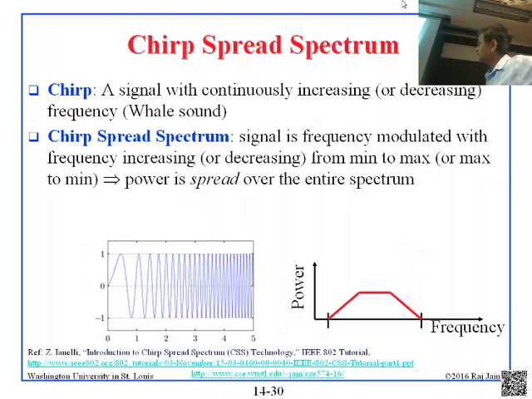So here it is shown in the time domain. This is low frequency, and then becoming higher and higher frequency. And this sounds like birds chirp, or whales chirp in this case. Chirp. The frequency keeps going up, or keeps going down.